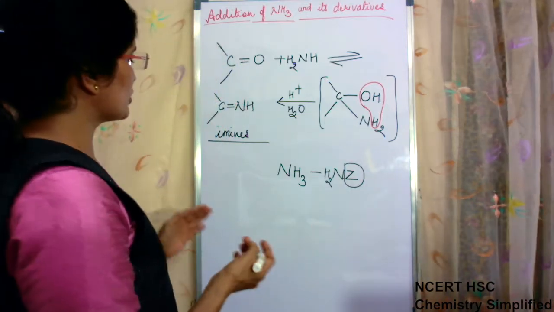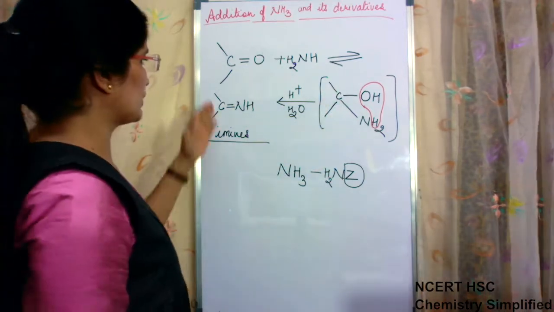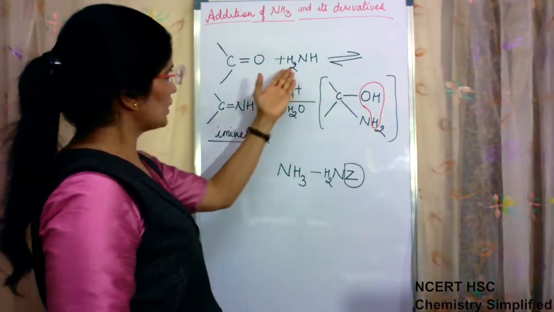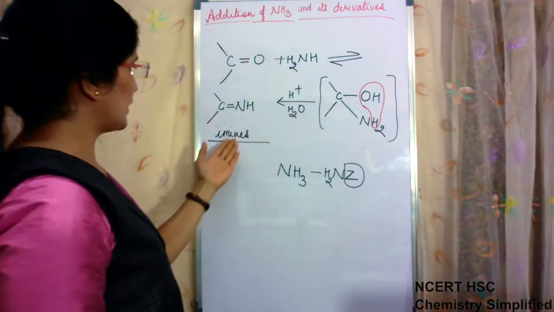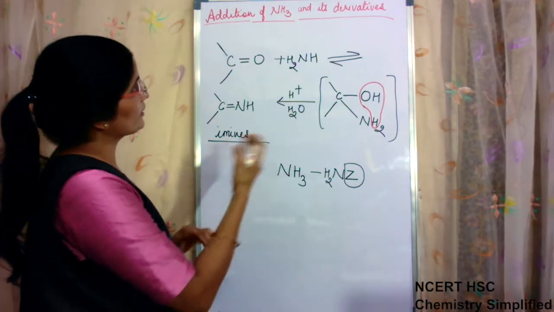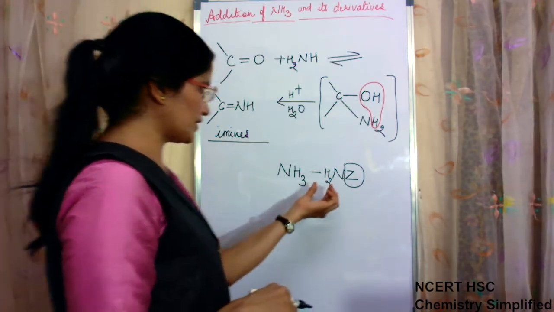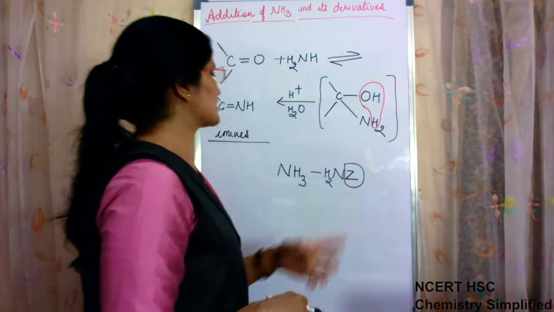So what actually is going to happen in the reactions when the derivatives of ammonia are involved? This is about only the ammonia. The reaction is like this, that first an intermediate is formed and then imines are formed as final product. But if we have to take derivatives of ammonia, then instead of writing like this, we will write NH2Z.